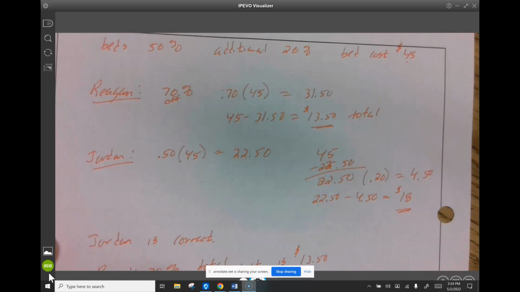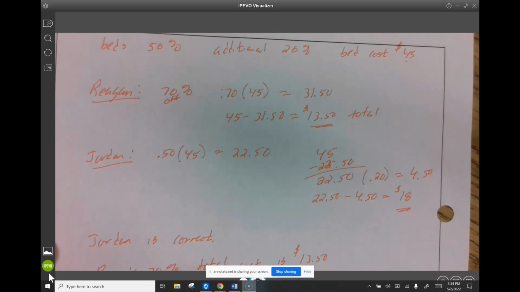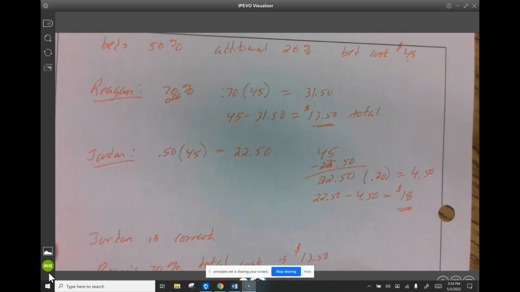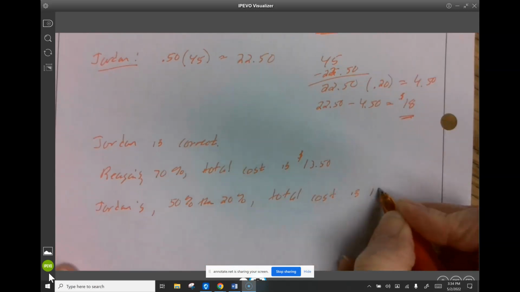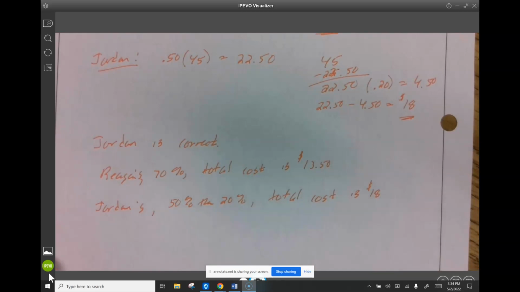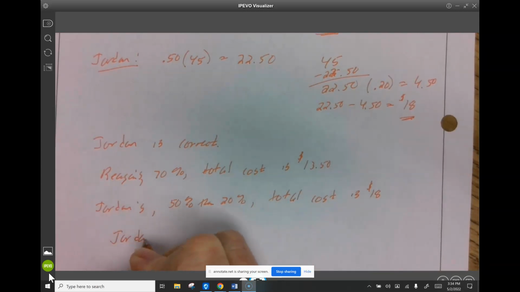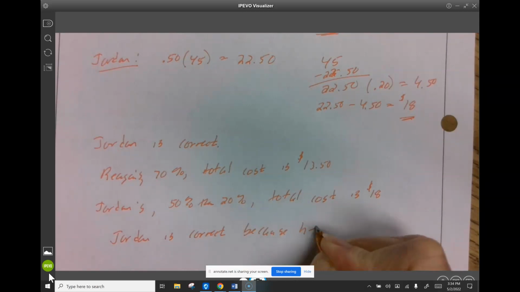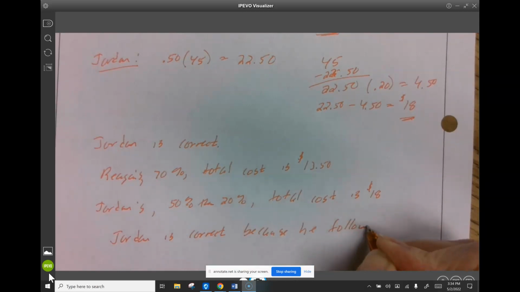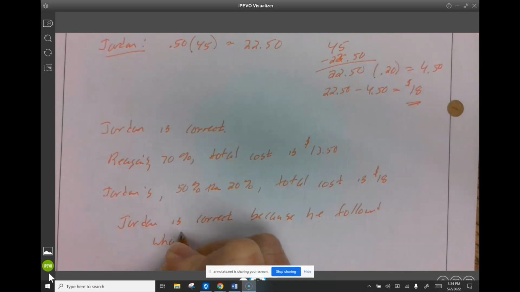Jordan's 50%, then 20% total cost, oops, can't see what I'm writing, is $18. Okay? Jordan is correct because he followed what the store specified.